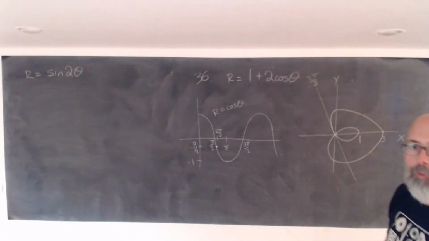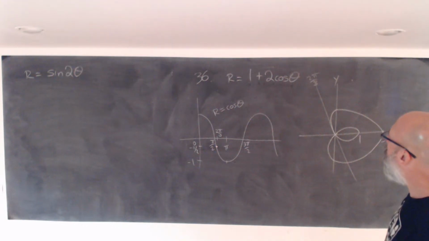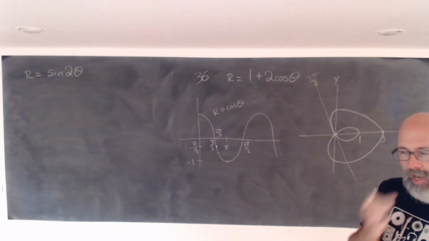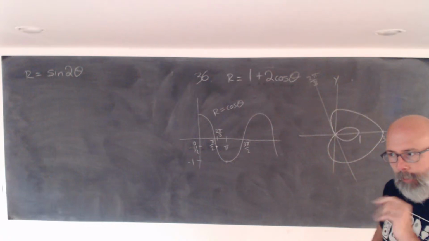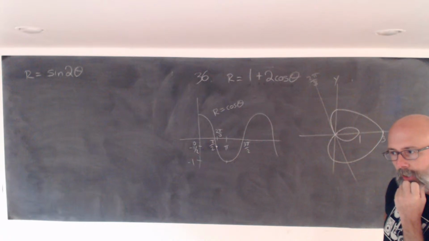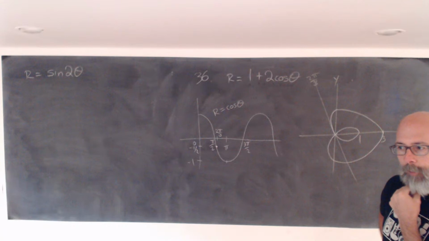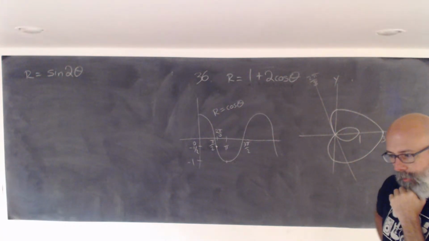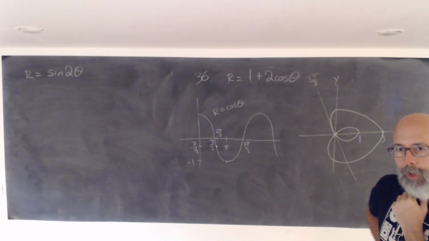Yishen is asking, can we graph tangent? You can. I'm going to let you work that out. You understand, though, tangent being sine over cos, when theta gets close to pi over 2, the denominator goes to 0, so your whole function blows up.